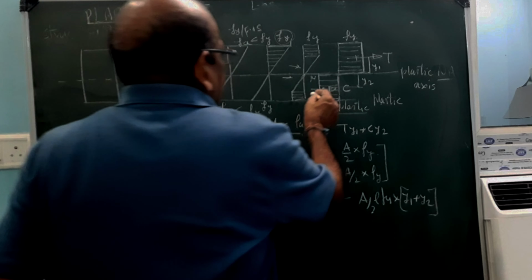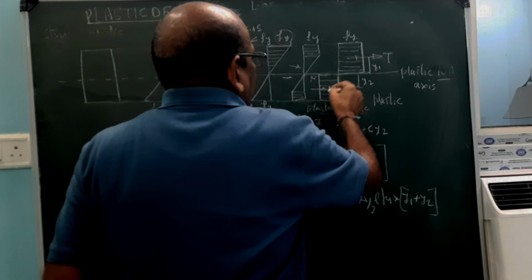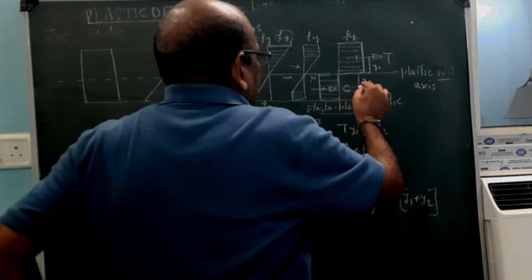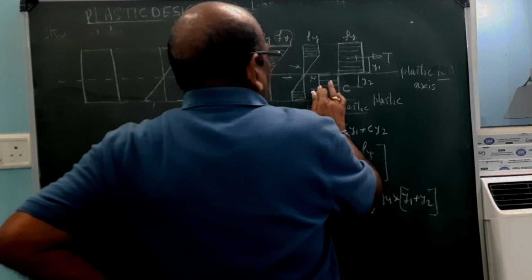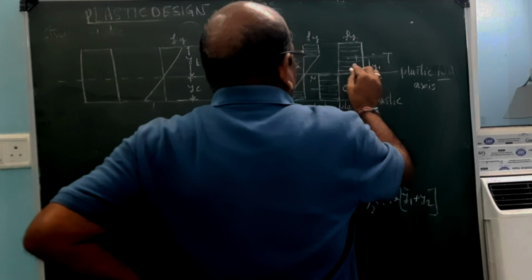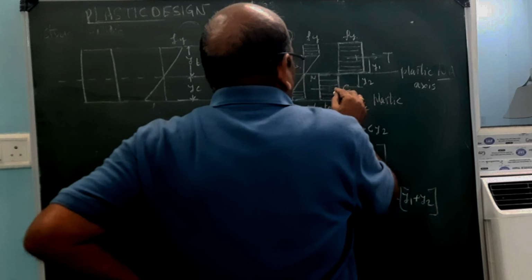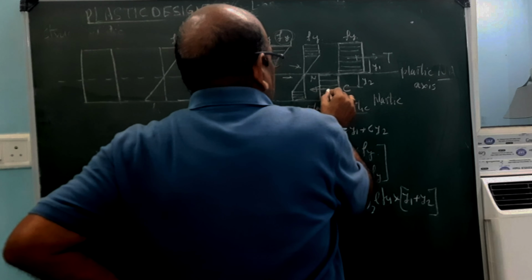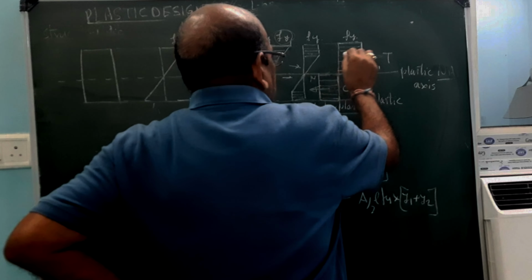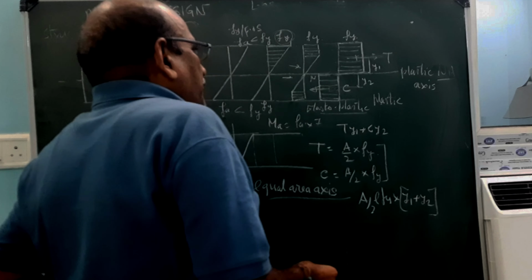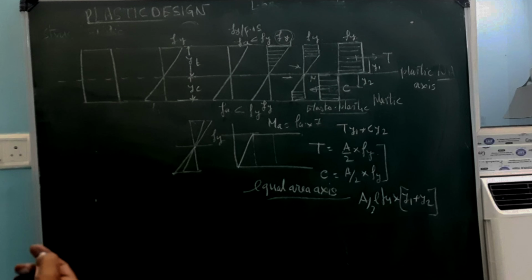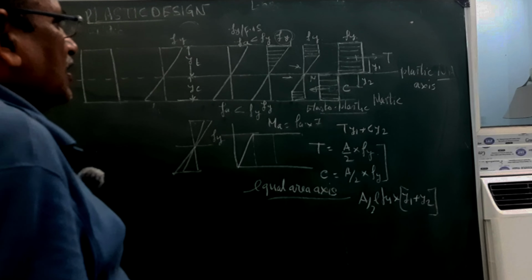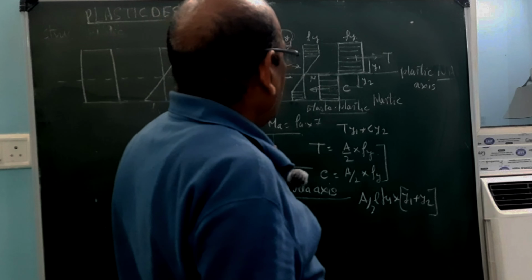So here we will see this is behaving in this way, and this is behaving in this way. If this is tension like this, compression will be this way, and both will be in the same way. Compression and tension will give additive moments.